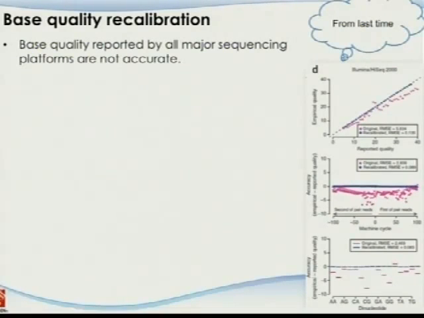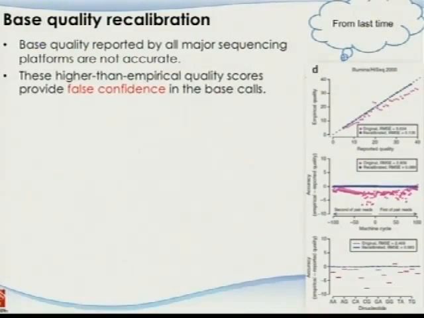We can see the reported ones are by far not as good; they are too optimistic in their reporting. And this is for the machine cycles, from the very beginning of the read to the end of the read, and across the board they were being too optimistic, and so it is for different types of dinucleotides. They all need to be corrected.